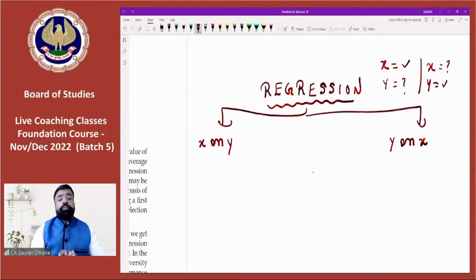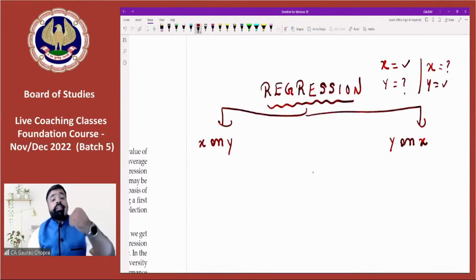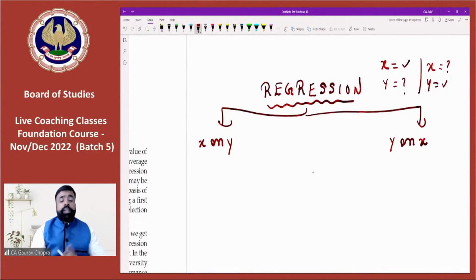So in short, we have to estimate the value of one variable for the given value of the other variable. So regression is basically estimation. Here we can divide this into two portions: one is x on y and the other is y on x.